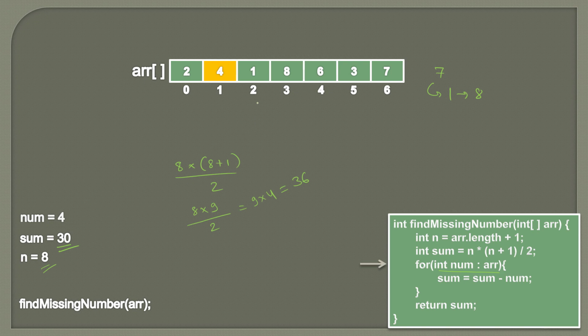Then number will become 1. 30 minus 1 will give 29. Then number will become 8. 29 minus 8 will give 21.